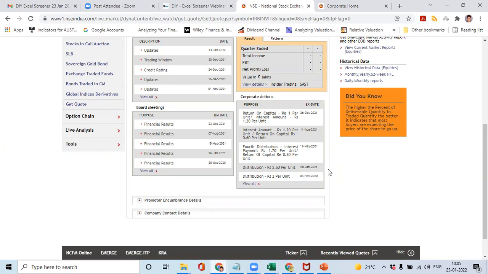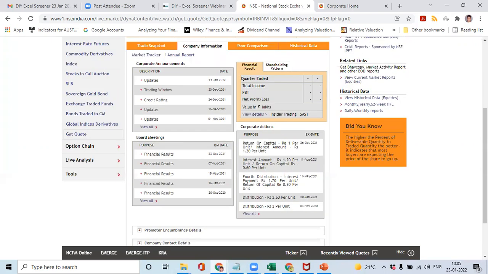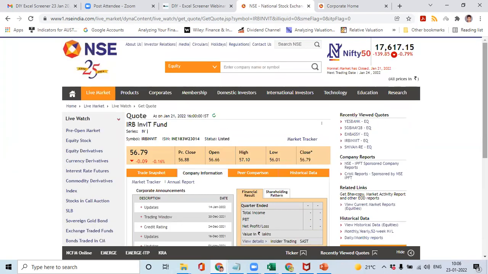The first one, October, is 2 rupees payout. Then again there is another 2 rupees, so 4 rupees. And then you got 2.50 here, that is about 6.50, and another 2.50. So that is 9 rupees you got on a base of 60 rupees or 56.